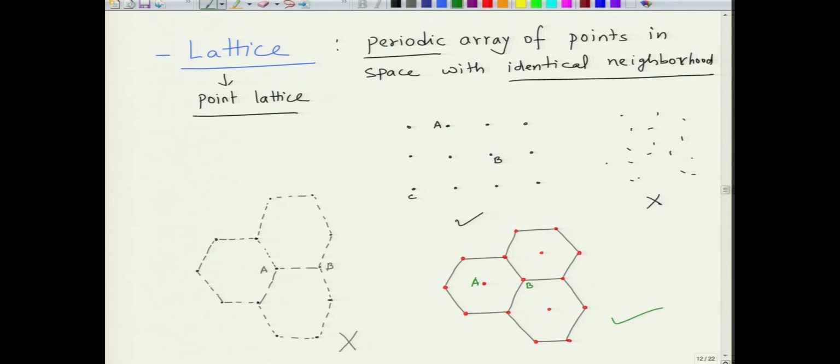So, basically a point lattice is a regular periodic arrangement of points in space with identical neighborhood.